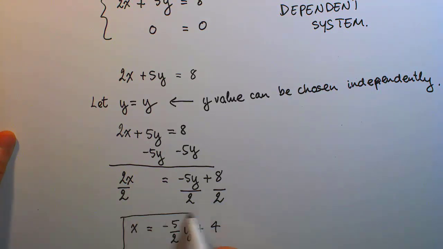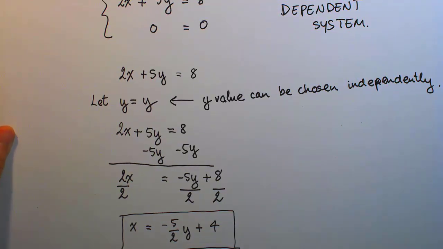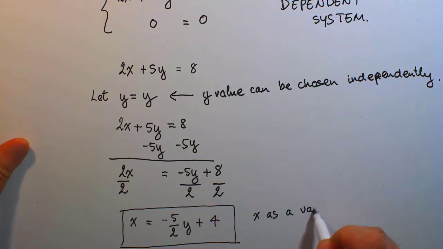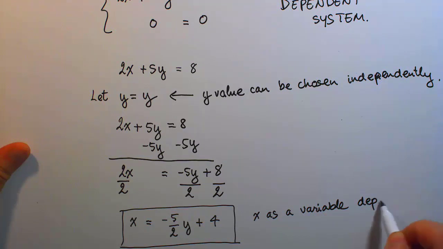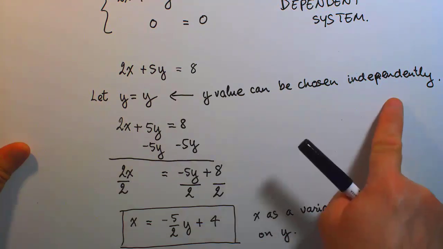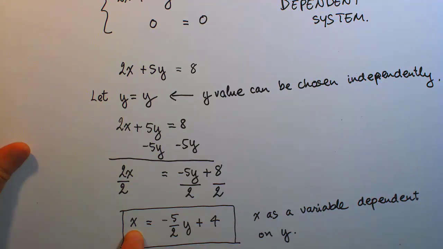In this final expression, I'm expressing x as a variable dependent on y. Remind yourself, we let y be chosen independently, but now the value for x must be dependent on what we chose for y.